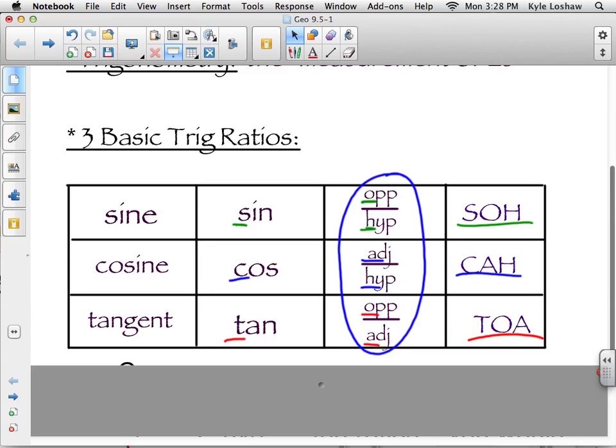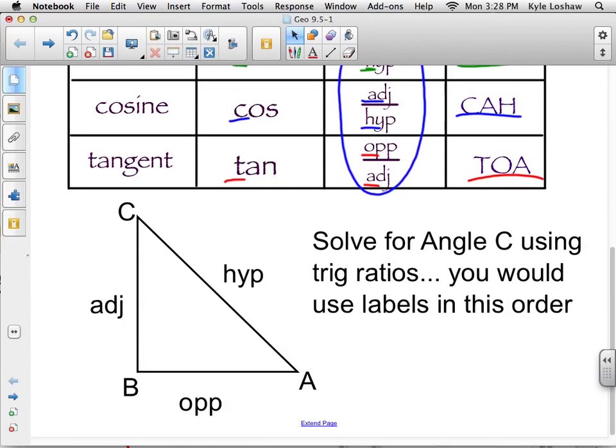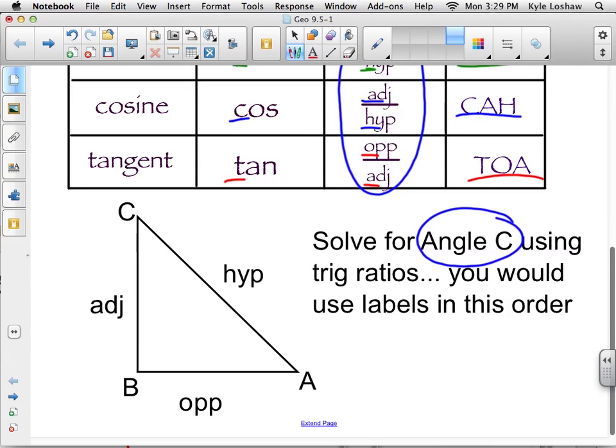So if you are asked to solve for angle C, this is angle C. Opposite is the side the farthest away, or the side not attached to the angle, the side that does not create the angle.